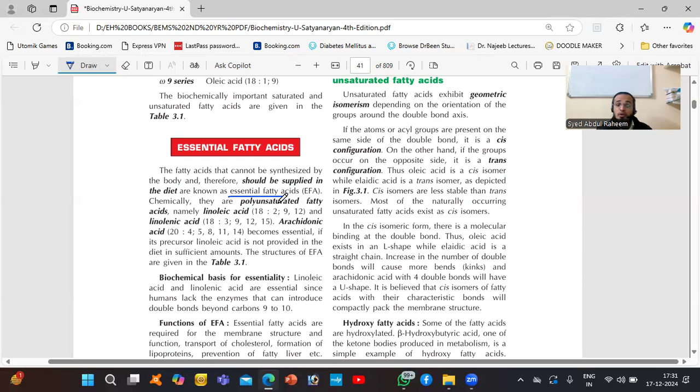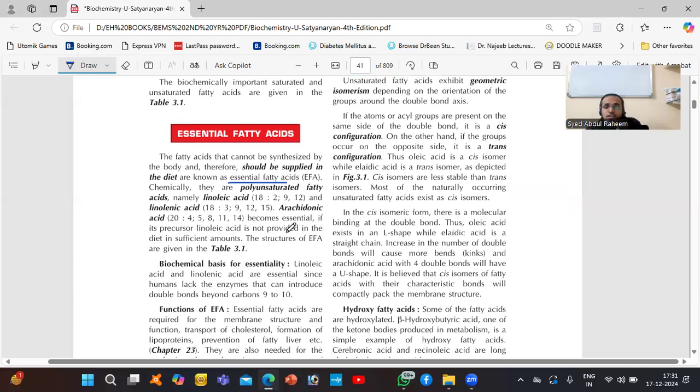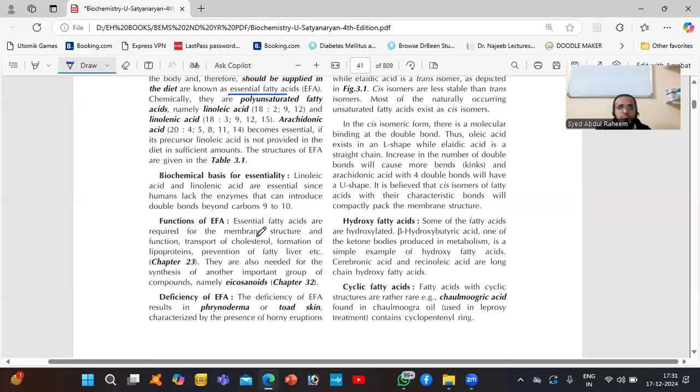Essential fatty acids are important for brain growth. Our brain needs essential fatty acids. Here are their functions. They are required for membrane structure. Whatever membranes are in our body, like liver membrane, stomach membrane, intestinal membrane, lungs membrane, everyone has a membrane, for protection.